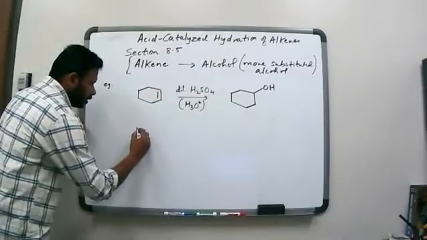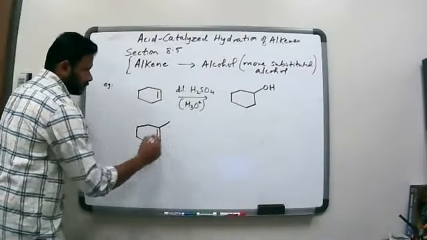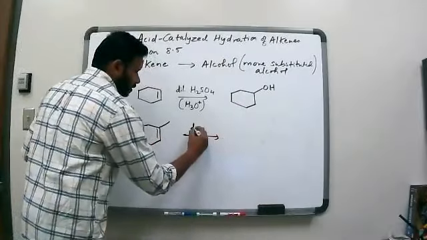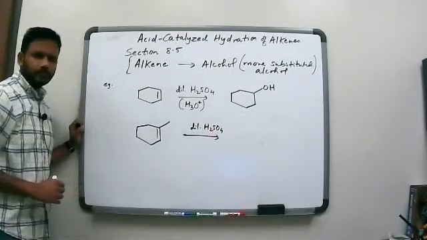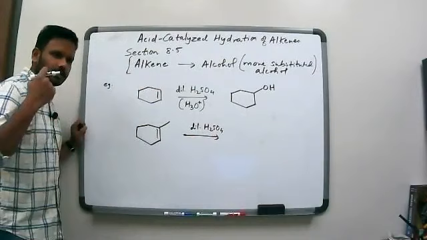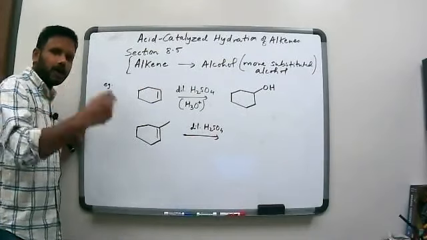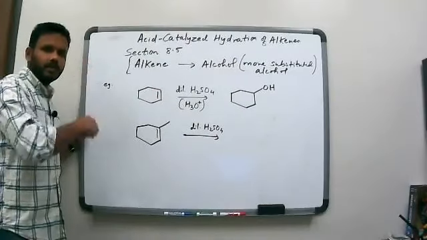If we used a different molecule, let's say a cyclohexene which has a substituent now, and we do the same reaction with dilute sulfuric acid, we are doing a hydration. The word dilute should always help you connect with hydration, compared to concentrated, which should always be connected with dehydration.